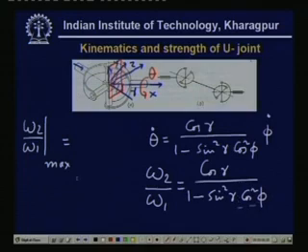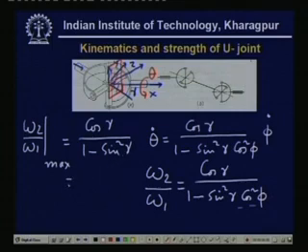So, therefore, we have cosine gamma divided by 1 minus sine square gamma. Again, 1 minus sine square gamma is cosine square gamma, so this is nothing but 1 by cosine gamma. And then, this is the maximum value.